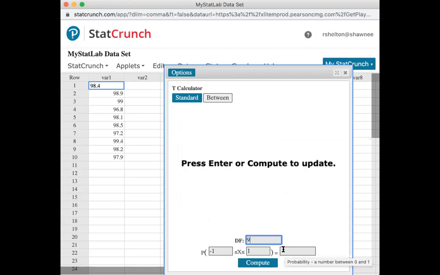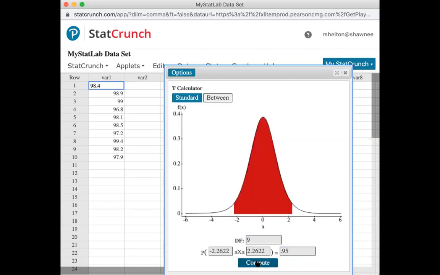At alpha equals 0.05 significance level, that means our probability is 0.95. Okay, we're testing at a 95% confidence level. Hit compute. So these are our critical t values for this test. So this positive number would be here on the graph.